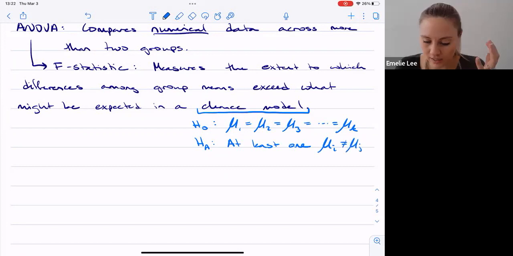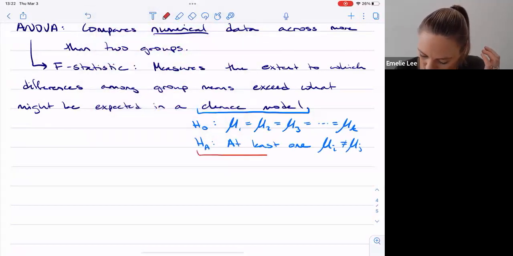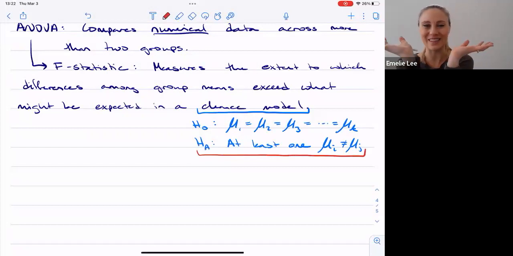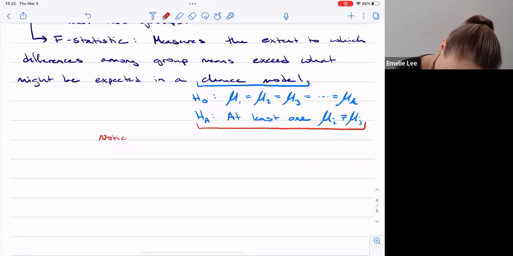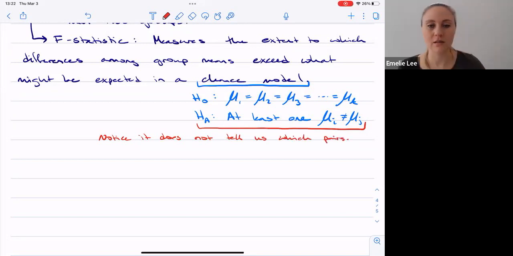So it doesn't tell us, right? Notice it does not tell us which pairs.